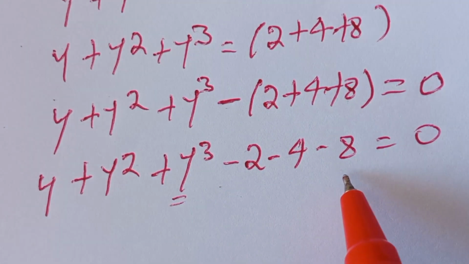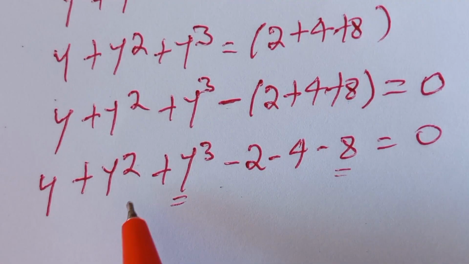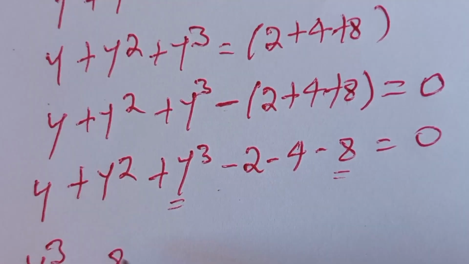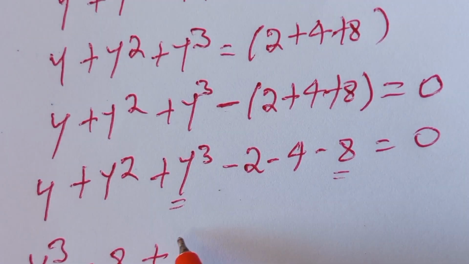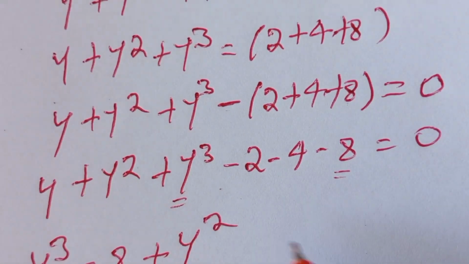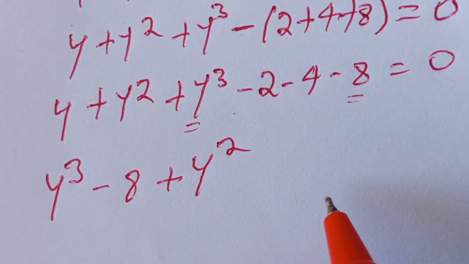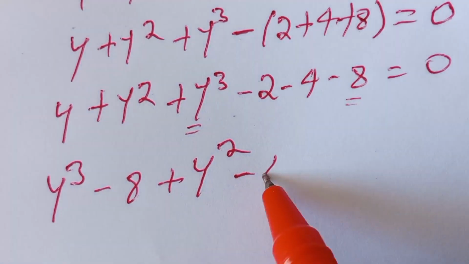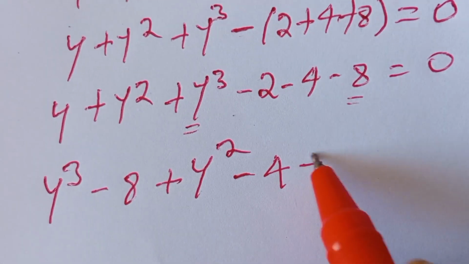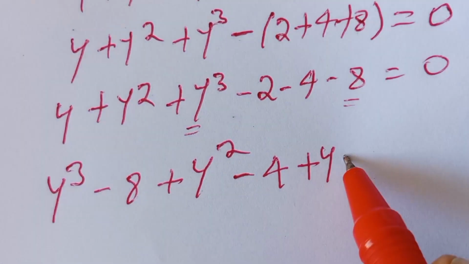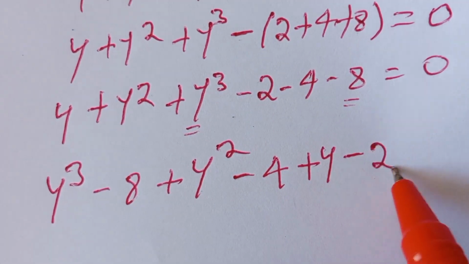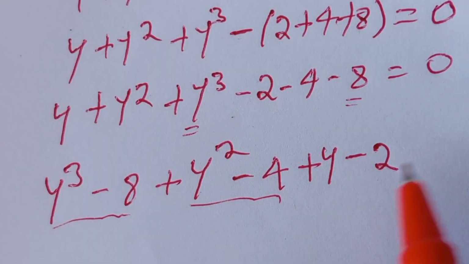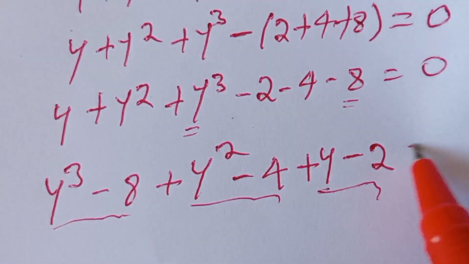So y cubed minus 8, plus y squared minus 4, plus y minus 2, grouped together, is equal to 0.